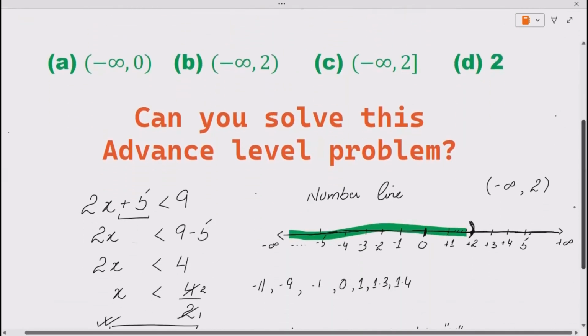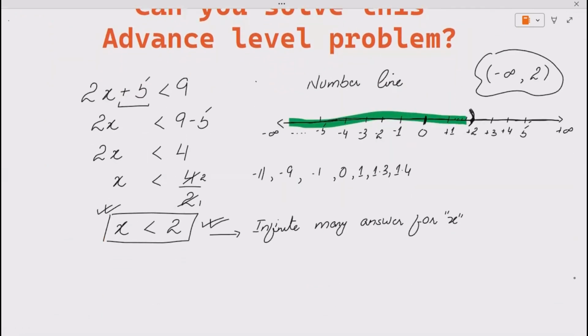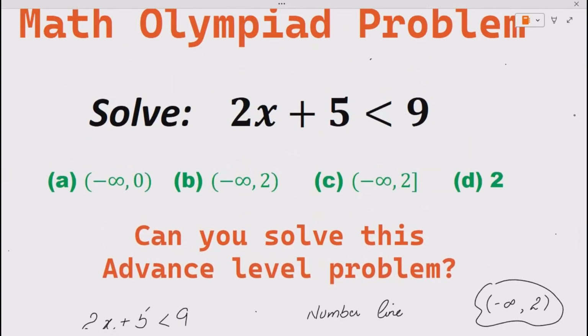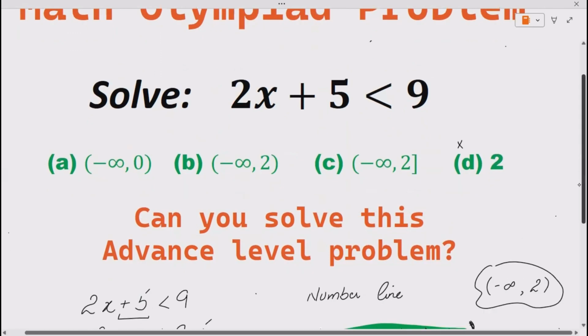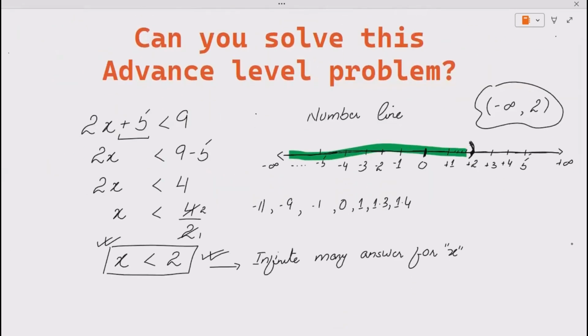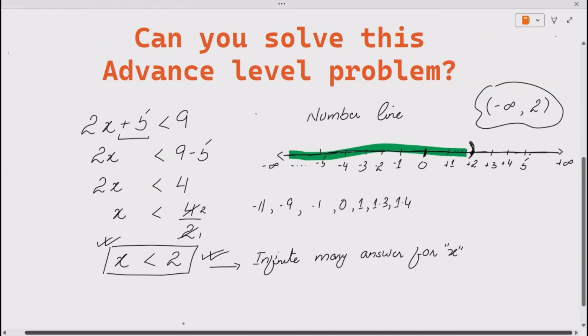Most of the time students make a mistake. They assume that this is one answer, and they label D, which is a wrong answer. Another thing to always remember is that here we got the answer x less than 2. If this inequality is less than or equal to instead of less than, we get the answer x less than or equal to 2.